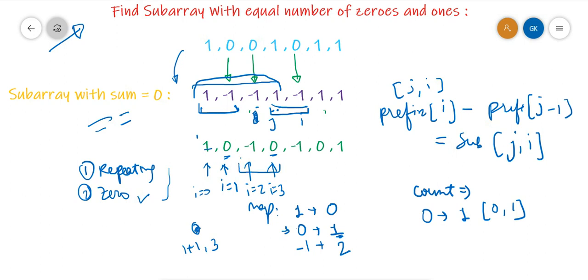From this to this, there exists a subarray in the original array which is having sum 0. So for this 0, which is at I equal to 3, this was at I equal to 1, we encountered two subarrays, one from 0 to 3 and other from 2 to 3, which is having subarray sum 0.